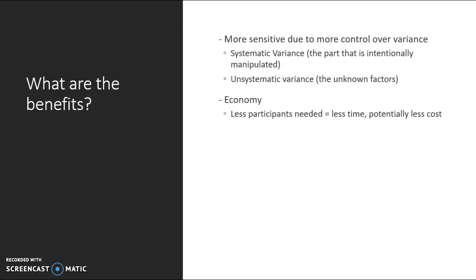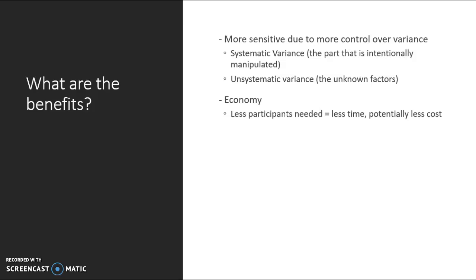And then the unsystematic variance is your unknown factors, your noise in the background that you really can't control for as much. You have a little more control if you're using the same people over and over versus if you do an ANOVA where you are using different people. So one group would have one pill, one group would have another pill, and one group would have another.